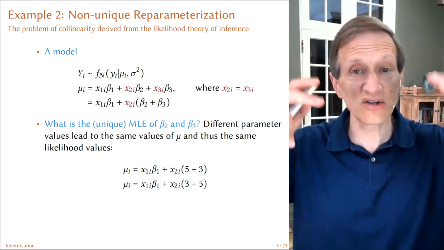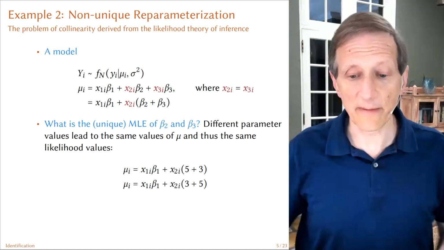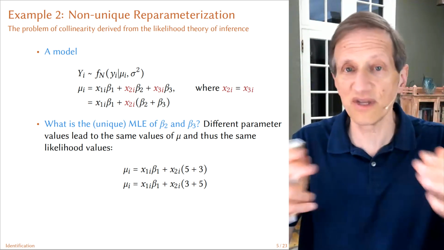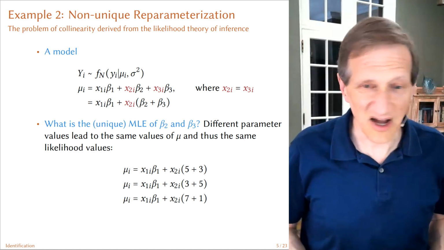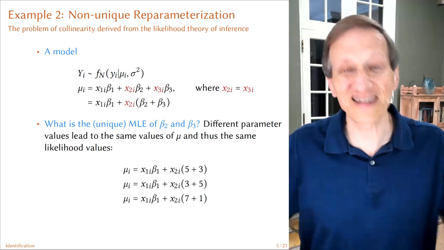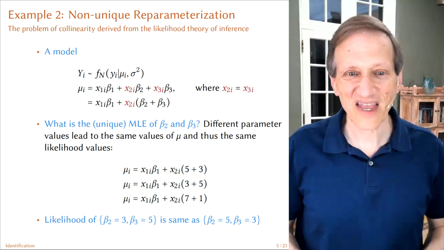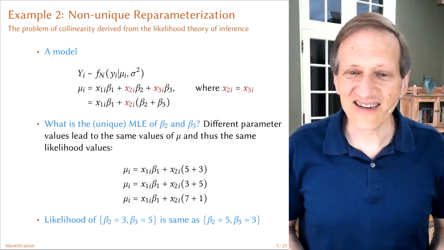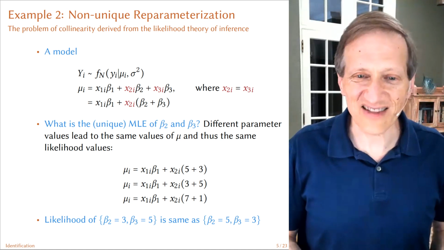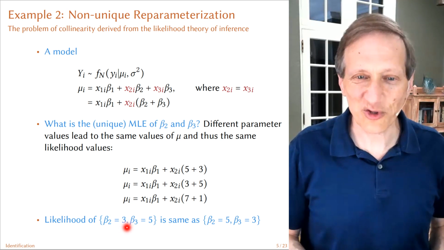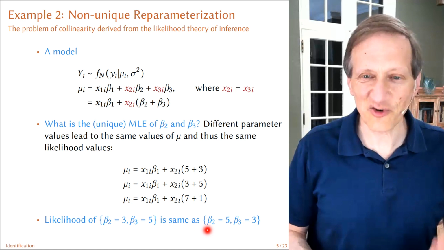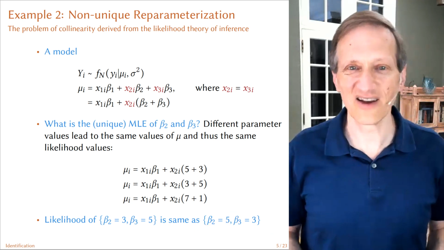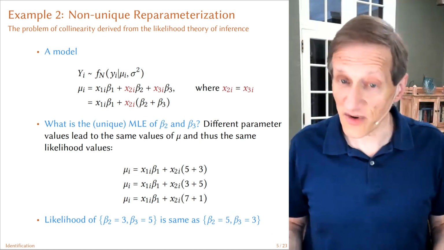And a likelihood surface, the height of the likelihood, is going to be the same for both of those codings. It can also be for 7 plus 1, anything that equals 8, basically. Another way of saying it is that the likelihood for beta 2 equals 3 and beta 3 equals 5 is the same as the likelihood for beta 2 equals 5, beta 3 equals 3. Okay, so that's non-unique reparameterization.